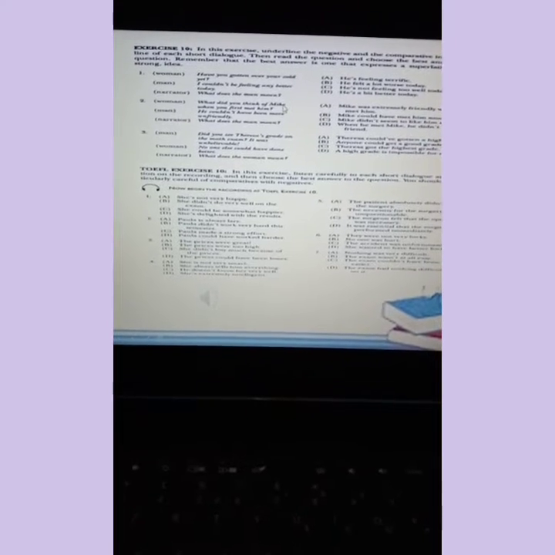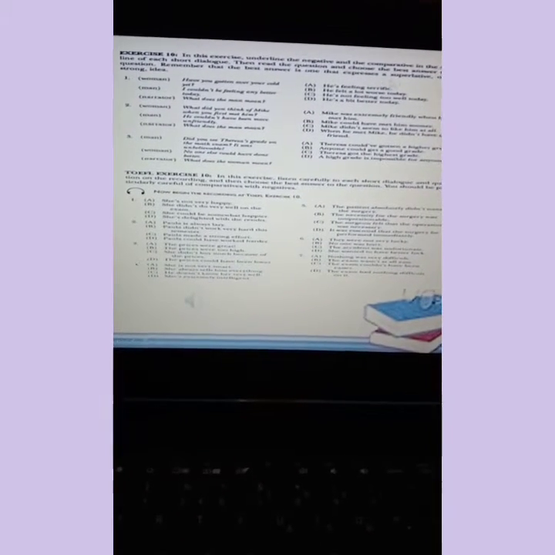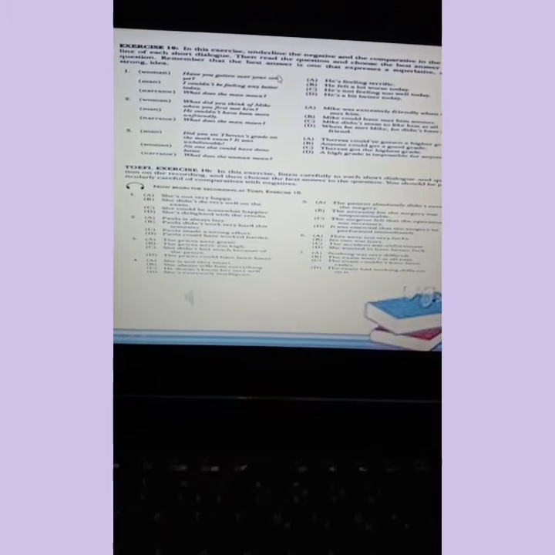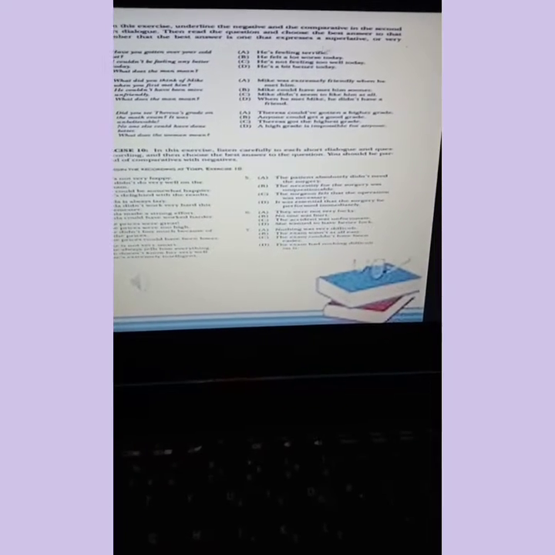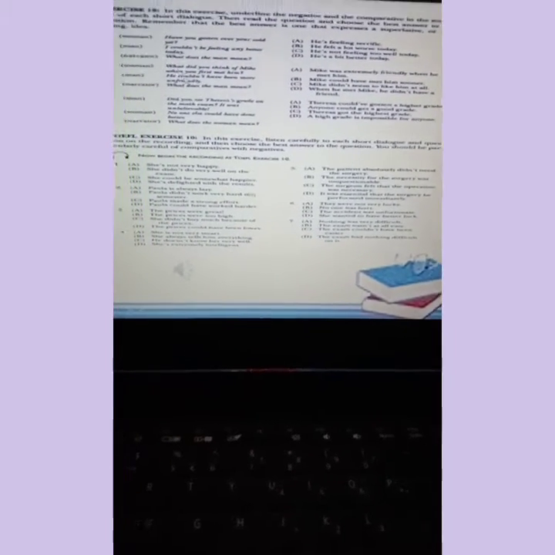In this exercise, underline the negative and the comparative in the second line of each short dialogue. Then read the question and choose the best answer to that question. Remember that the best answer is one that expresses a superlative or a very strong idea. Okay, let's read.